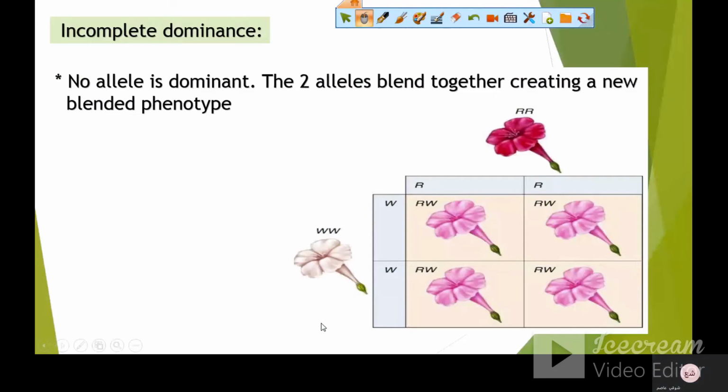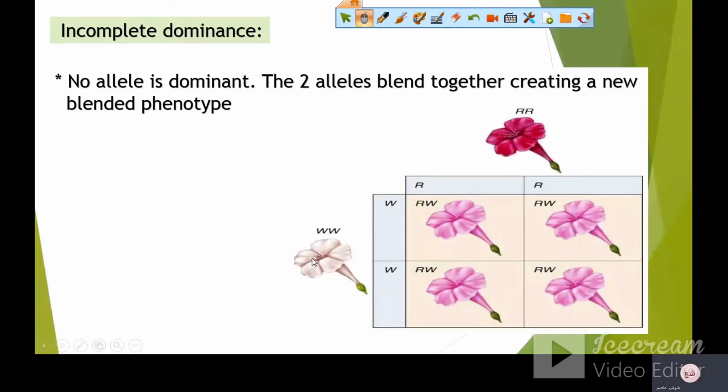How is that? Look at here: the red flower and the white flower. I found all of them are pink. So the red is not dominant and the white is not dominant.